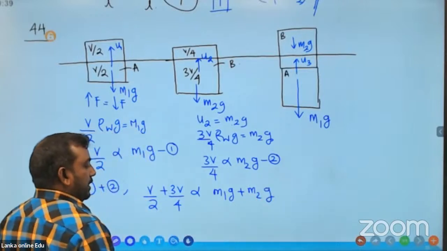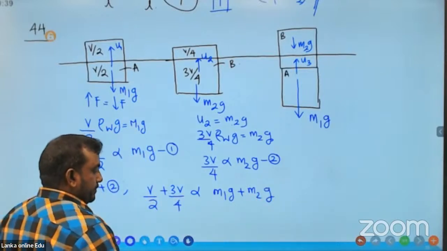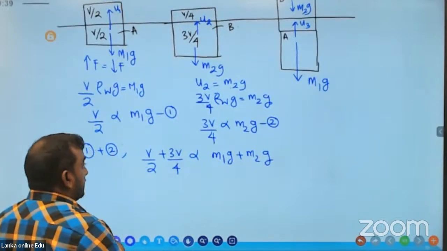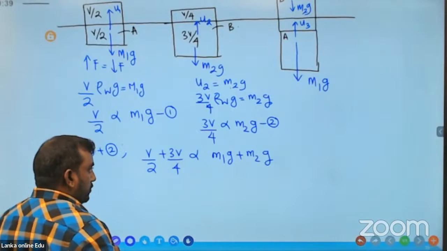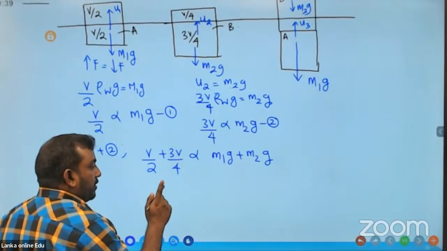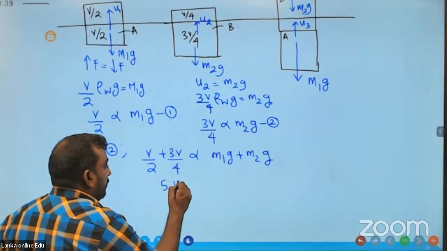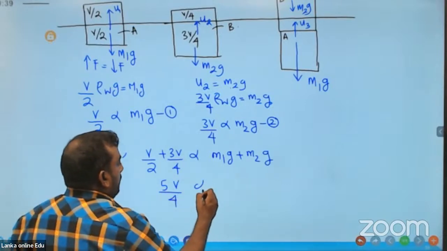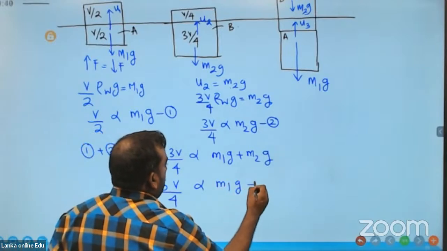Half and 3/4, if you add the volumes, that is 1 and 1/4, which is 5V over 4, proportional to M1G plus M2G.